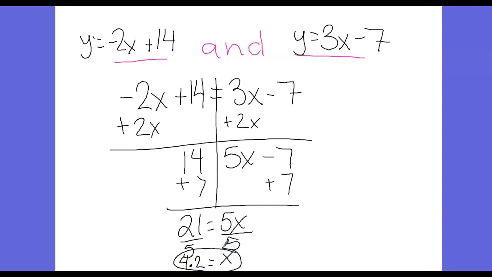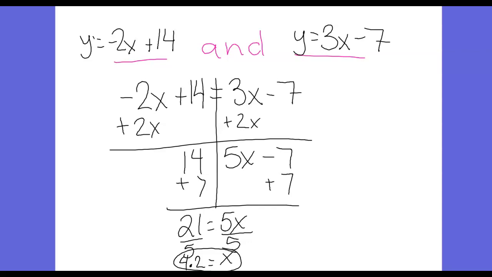Okay, so I found the x value, but since I'm on a coordinate grid, it also has a y value. So now that I know what x is, how am I going to figure out y? Where do you see a y on this paper? I could pick either one of them.